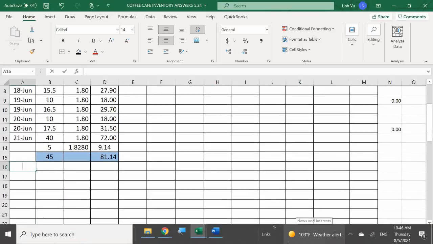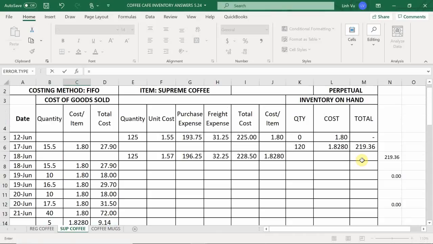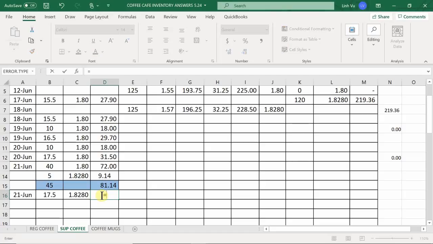Supreme, we used 17.5. At what cost? We only have one batch left. $1.83. So this 1.828. Okay, so here you go.